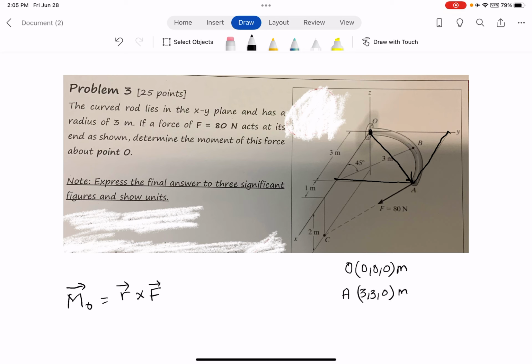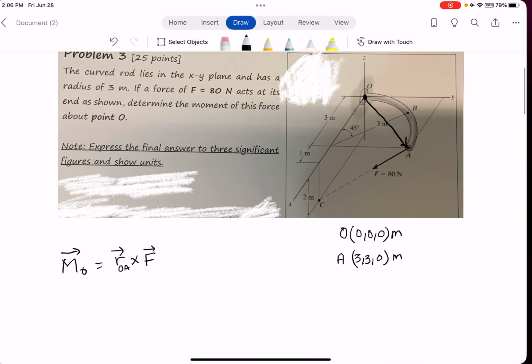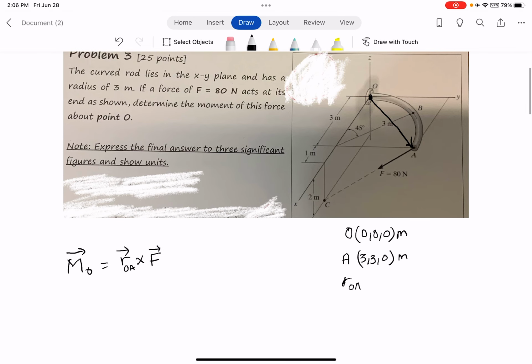This is the coordinate A. So we have coordinate A and coordinate O, and we can find the position vector OA. The position vector OA is A minus O, 3i plus 3j plus 0k. The whole thing is in meters, and that is the position vector.